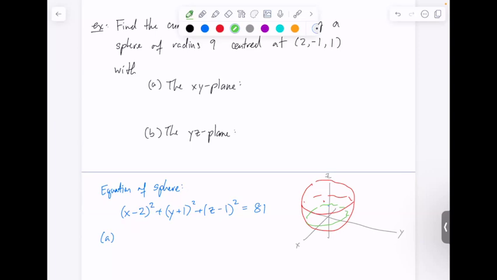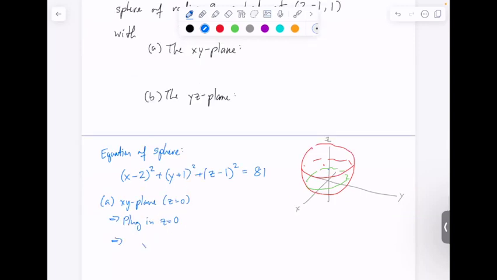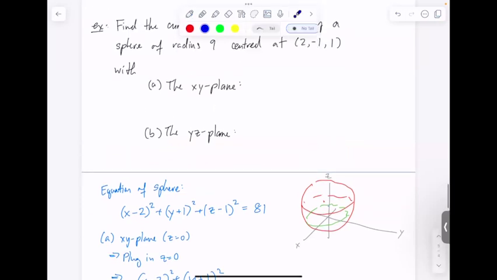So I can expand and simplify the sphere equation, then equate with the equation at z equals 0. Sure, or I just plug in z equals 0, right? Let's see what happens. The xy plane is at z equals 0. So plug in z equals 0, and what do you get? You get (x minus 2) squared plus (y plus 1) squared, and z has to be equal to 0. What you're doing here is you have one algebraic equation, the set of points that satisfy this equation form this red sphere here.